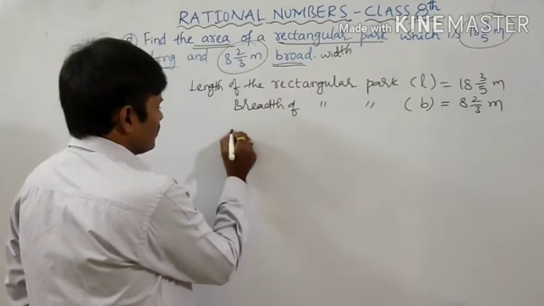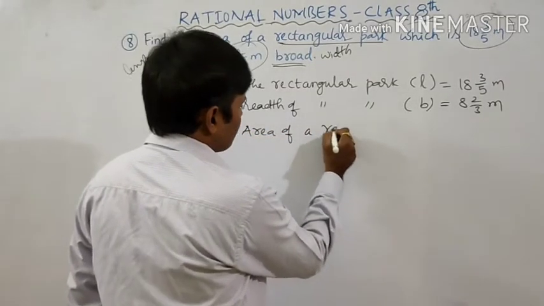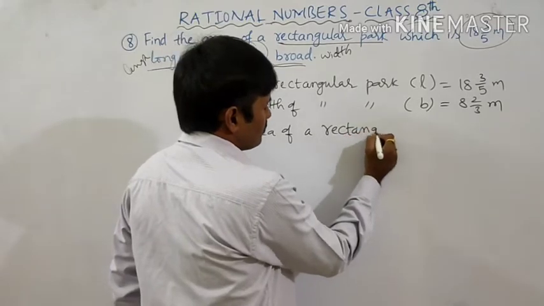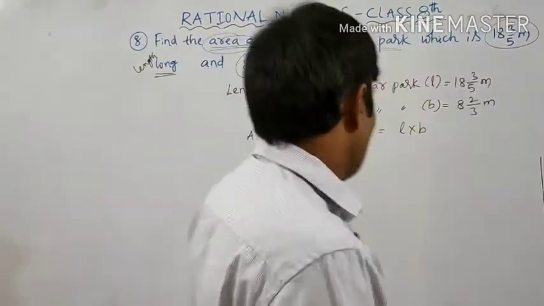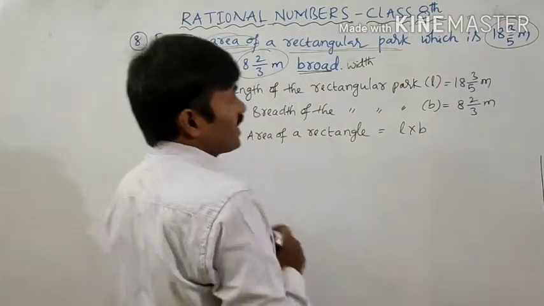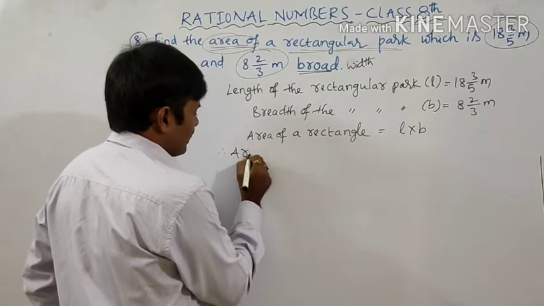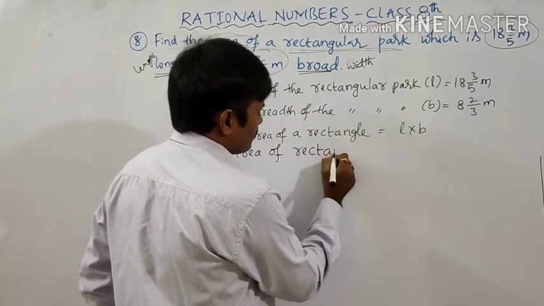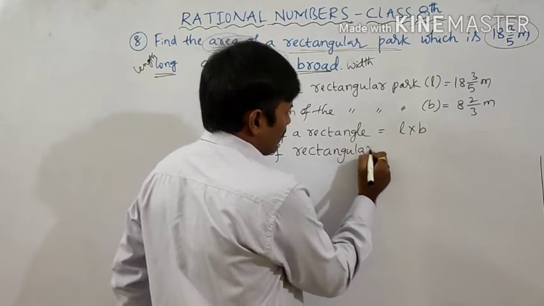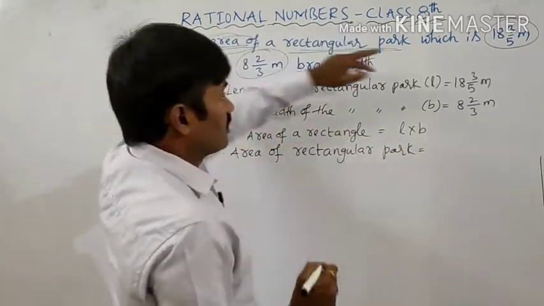So we should write immediately the formula: area of a rectangle is equal to L into B, length into breadth. Therefore, the area of the rectangular park is equal to length into breadth.